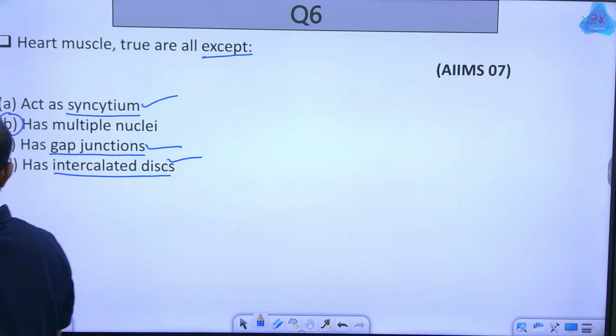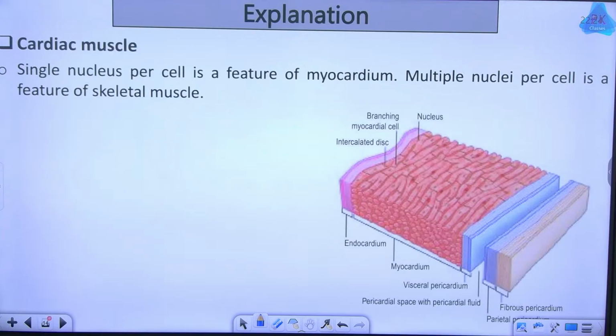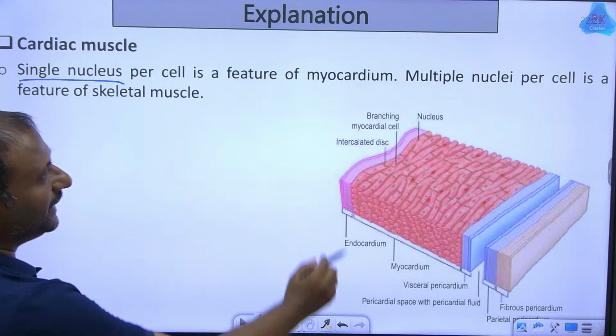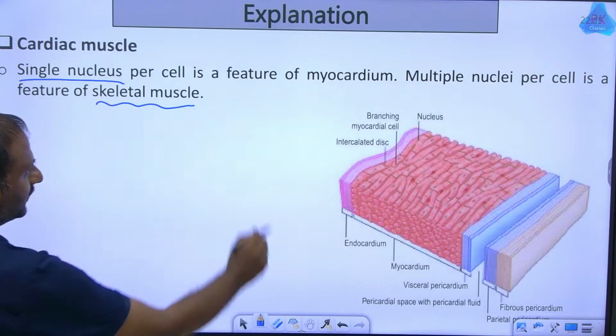So ये गलत है. So the answer will be B, not C. एक ही न्यूक्लियस होता है, मल्टीपल नहीं होगा. ठीक है. तो सिंगल न्यूक्लियस पर सेल इज ए फ्यूचर ऑफ मायोकार्डियम. Whereas multiple nuclei per cell is a feature of the skeletal muscles.